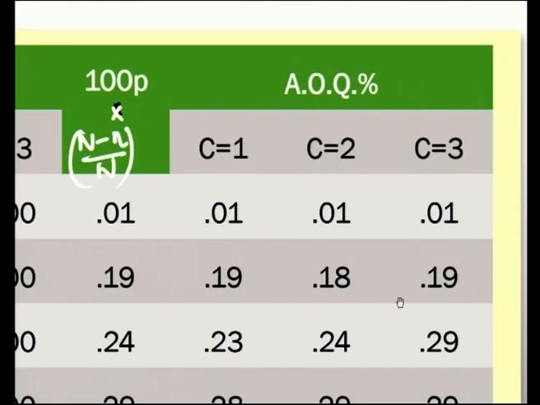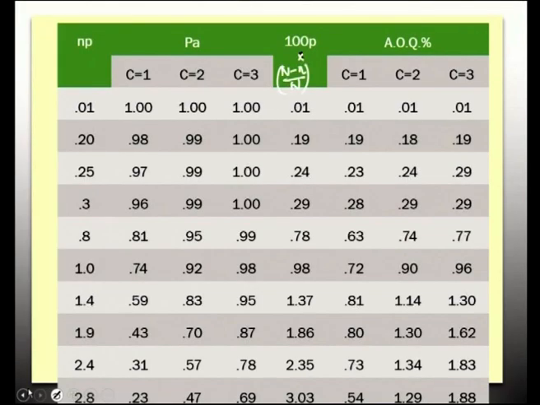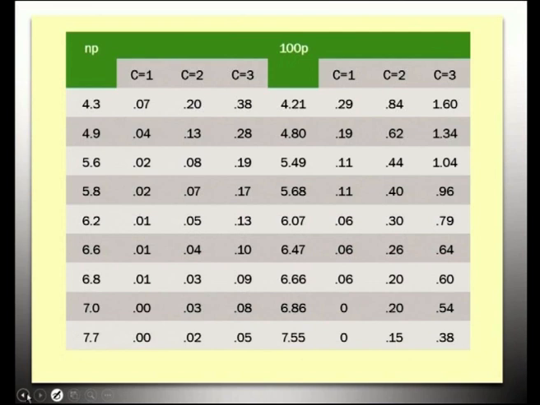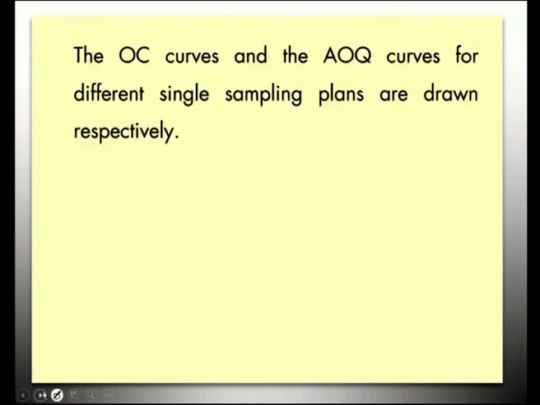Like that the values are calculated for AOQ percentage. Now, we have the NP values starting from 0.01, 0.20, 0.25 etc. up to 7.7.